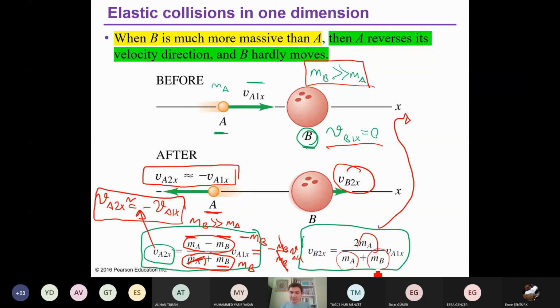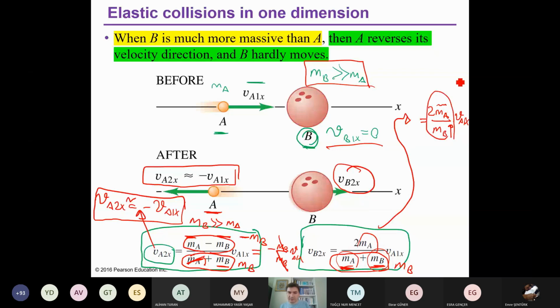Since MB is much bigger than MA, this term can be written like this. And now I have this expression for the final velocity: 2MA over MB times VA1X. So MB is huge compared to MA, then this term is very small.